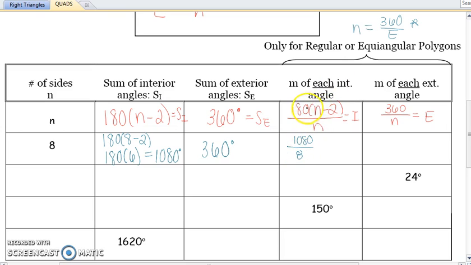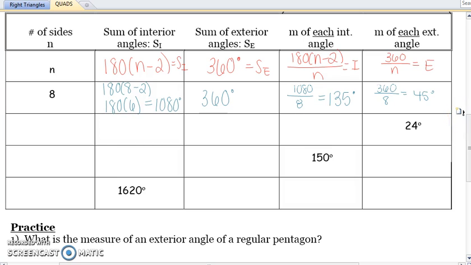You could also use the formula, right? But we can see that this formula is the same thing as the sum of the interior angles. So 1080 divided by 8 is 135 degrees. Each exterior angle is just 360 divided by 8. 360 divided by 8 is 45 degrees.